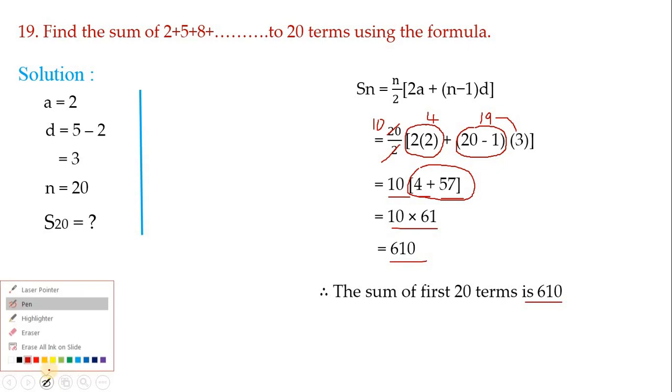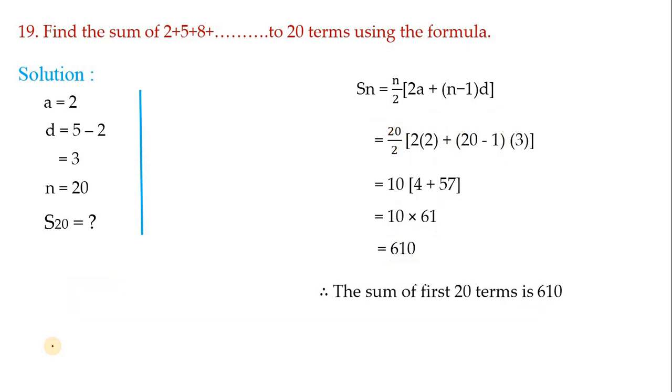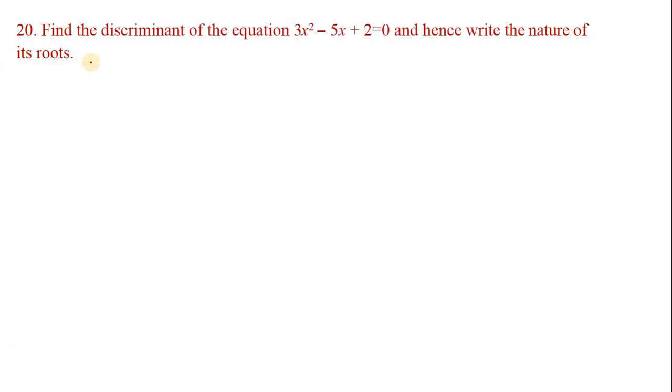This kind of problem you will definitely get for your examination, children. 20th, find the discriminant of the equation 3x square minus 5x plus 2 equals 0, and hence write the nature of its roots.